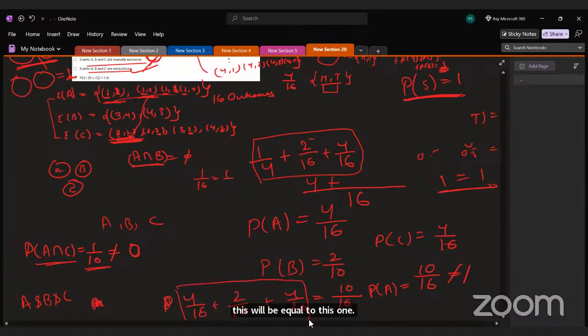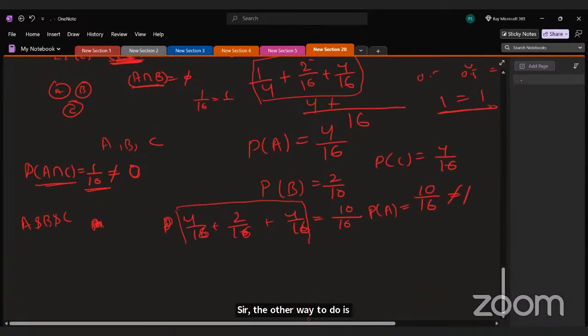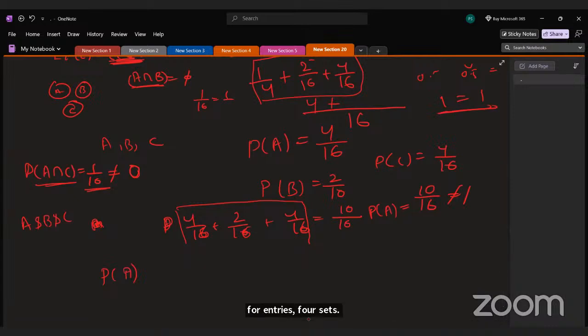Sir, the other way to do it: P of A, you have a set of four entries, four sets. If you add up those entries, it is not matching 4 into 4, 16 combinations, right?